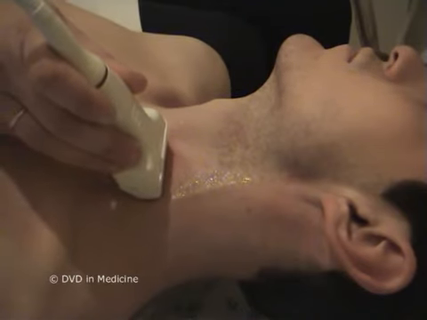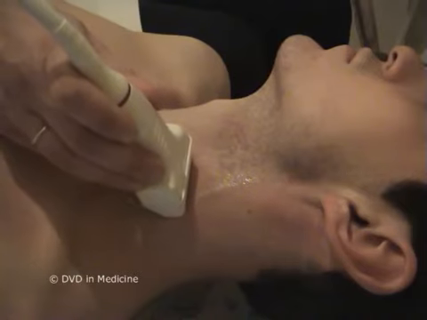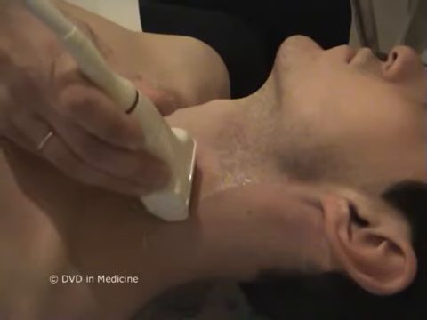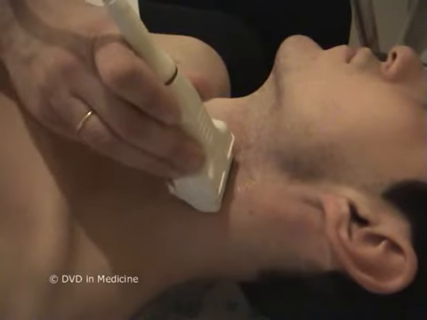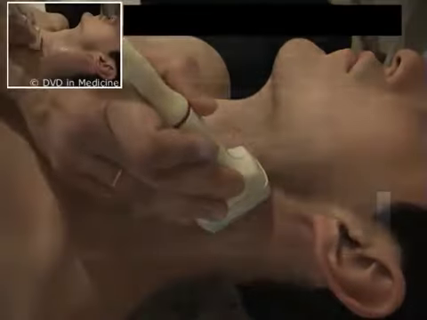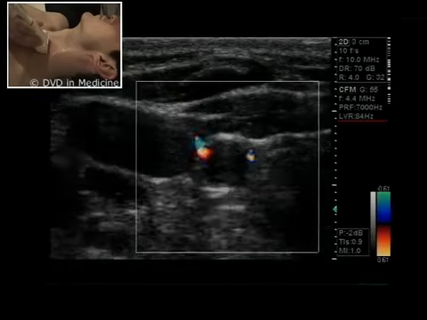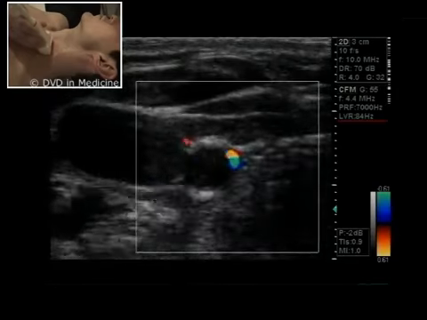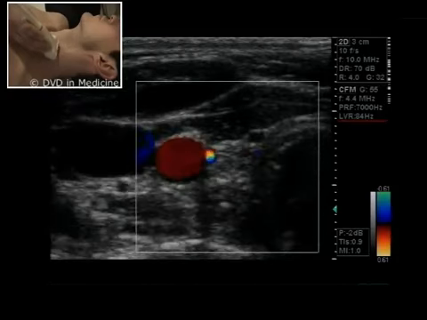One performs a transverse scan of the carotid artery by moving the transducer from the lowest part of the neck to the highest part, behind the angle of the mandible. This approach will allow the depth and course of the vessels to be ascertained, together with the level of the bifurcation and the orientation of its branches.